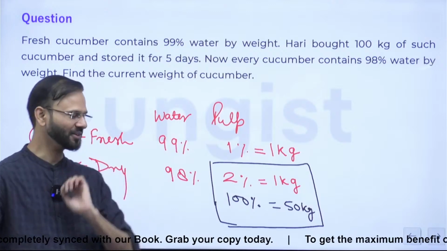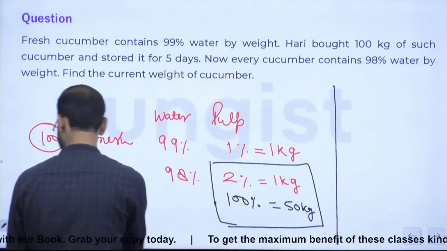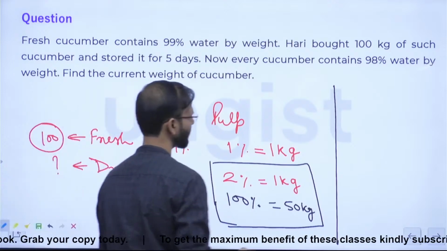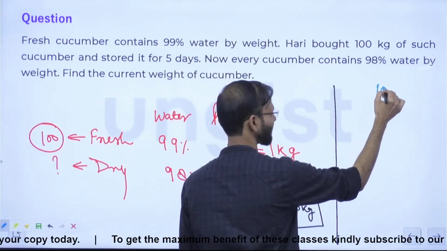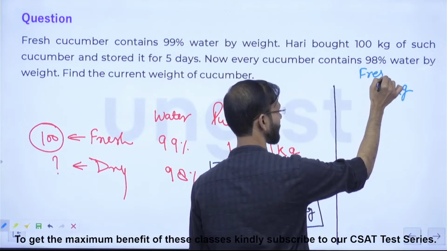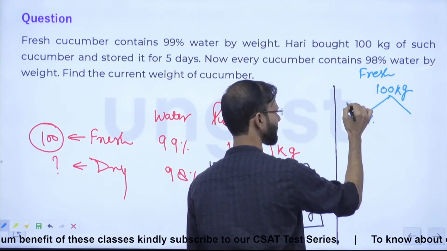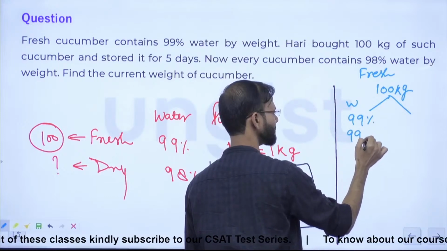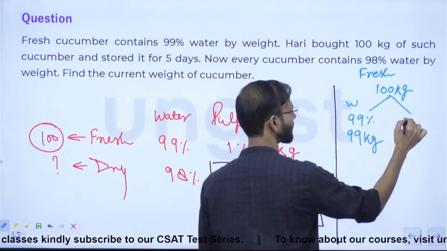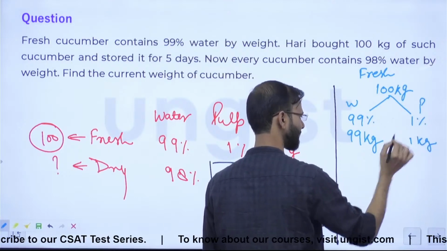Let me tell you, just wait, देखिए, बात को समझिएगा. When it is 100 kg, this is the fresh stage: 99% water, which is 99 kg water, and 1% pulp, which is 1 kg pulp, correct?